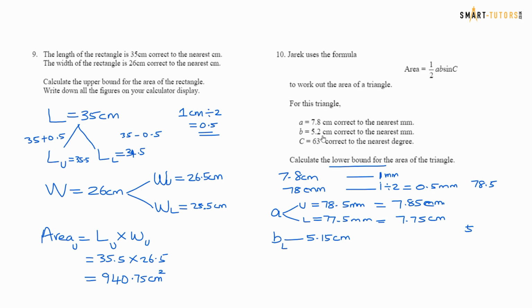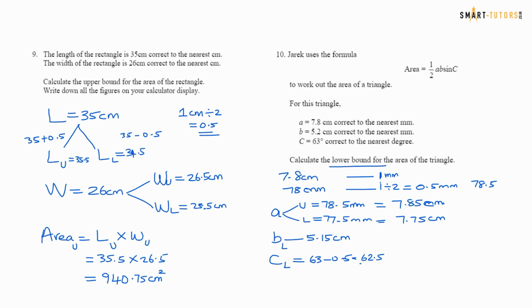Now the final one is the angle. So the angle is C. C lower bound is 63 take away 0.5, so that is going to be 62.5. It's an acute angle, so a smaller angle gives a small sine value, and a bigger angle up to 90 gives a bigger value.